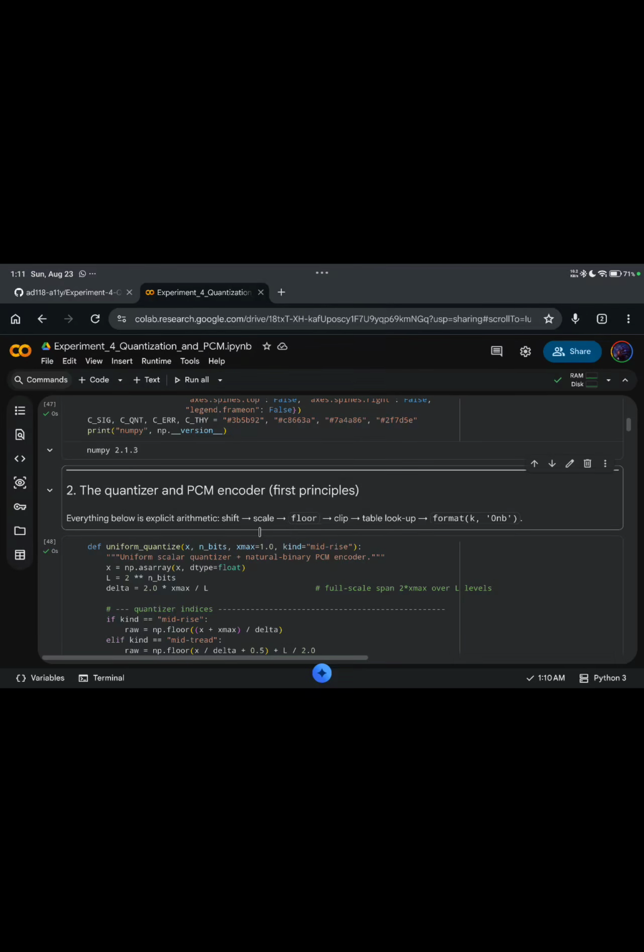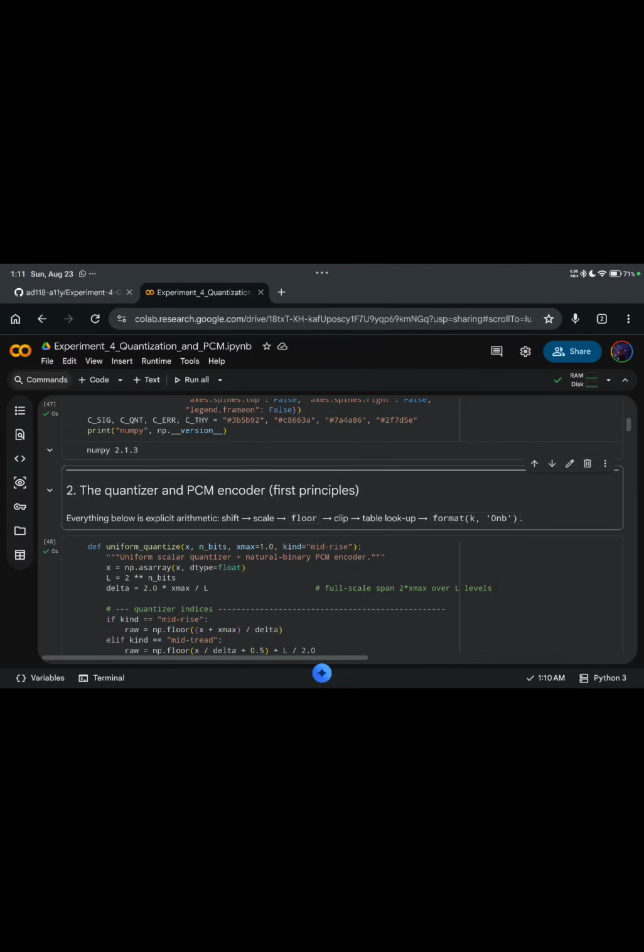In this cell, the code defines the main quantization function. The function takes the input signal, number of bits, maximum signal amplitude, and quantizer type. First, it calculates the number of levels and the step size.